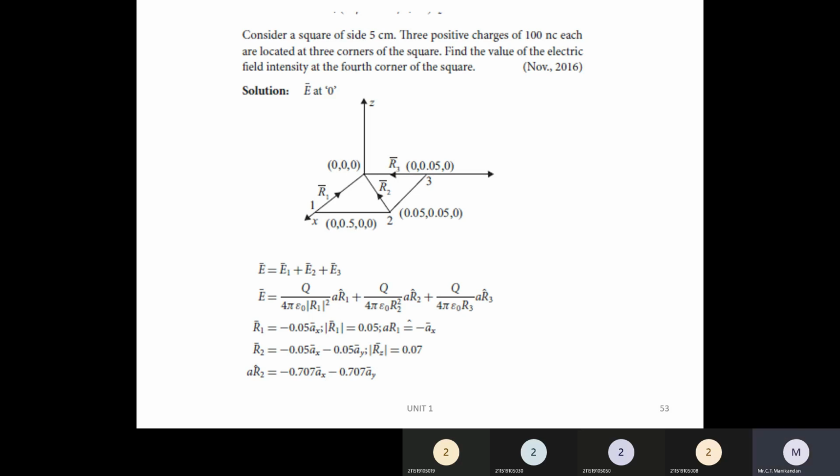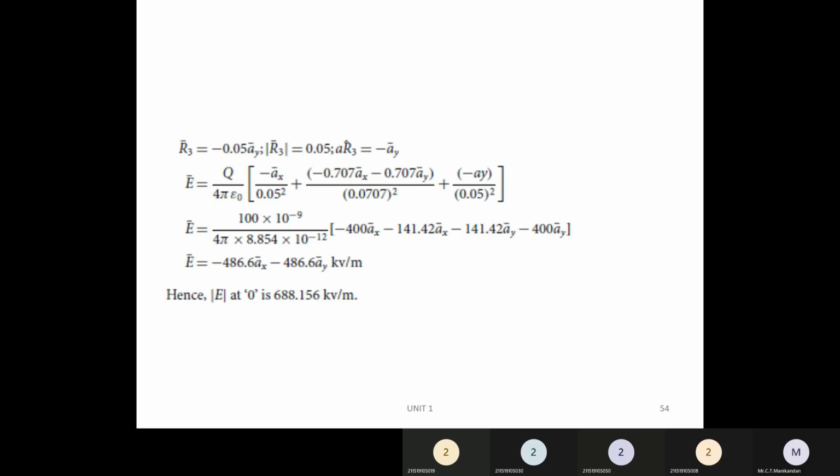Q by 4 pi epsilon naught R1 square into AR1 vector, from one point to another point. Similarly Q by 4 pi epsilon naught R2 square into AR2, and Q by 4 pi epsilon naught R3 square into AR3. Individually we have to find the vectors, and finally if you add them you will get the total electric field.